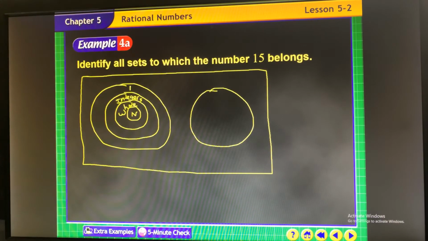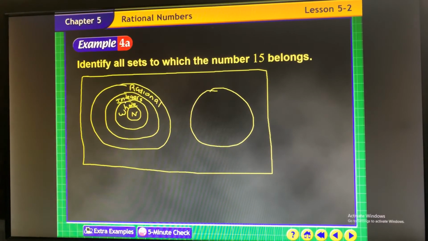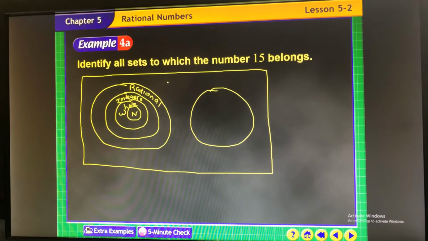And then there's rational. Rational numbers are all of your natural numbers, all of your whole numbers, all of your integers, and all of your decimals and your fractions, okay? So natural, whole, and integers don't have decimals and fractions. Rational numbers do.